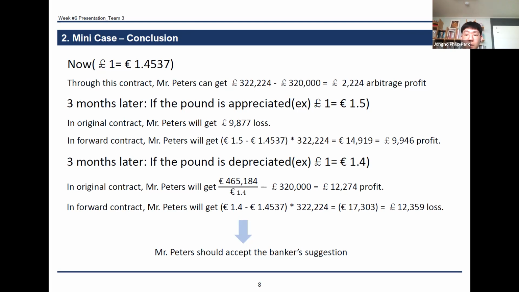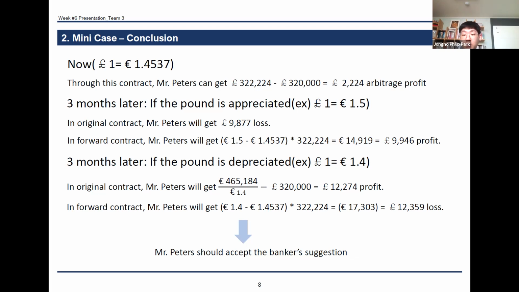Then let's assume 3 months later, if the pound is appreciated like 1 pound per 1.5 euro, in the original contract, Mr. Peters will get a 9,877 pound loss. And in the forward contract, Mr. Peters will get 1.5 euro minus 1.4537 euro multiplied by 322,224. So we can get 14,919 euro, which is a 9,946 pound profit.